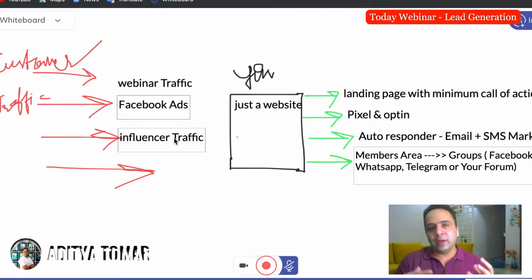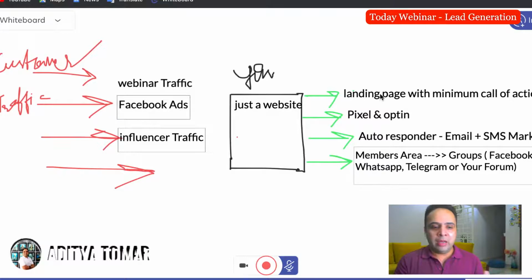Or a Telegram, WhatsApp, or Facebook group where people believe in the same thought, are looking for the same learning, and believe in the ideology, mission, and vision that you have. It's mandatory to have that members area for the people who come to your world. These are the minimum things you need to take care of.